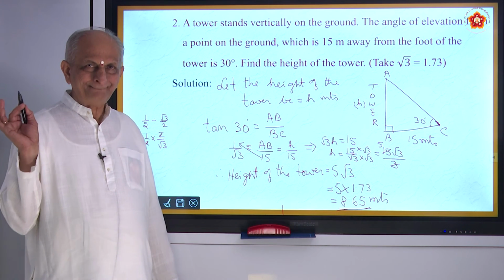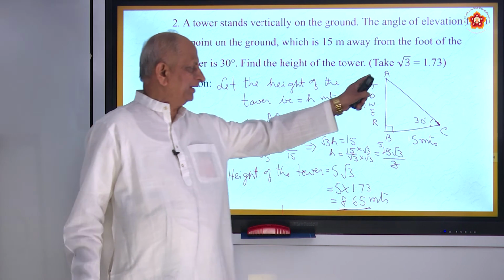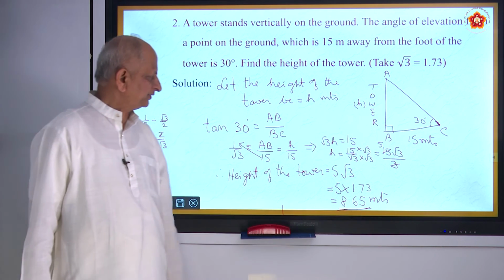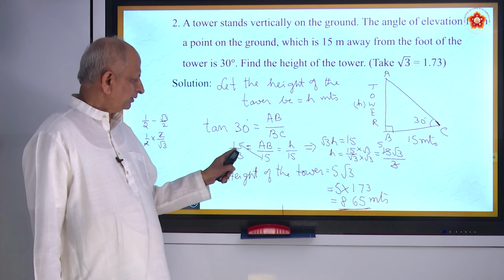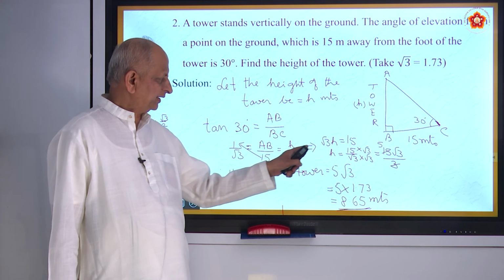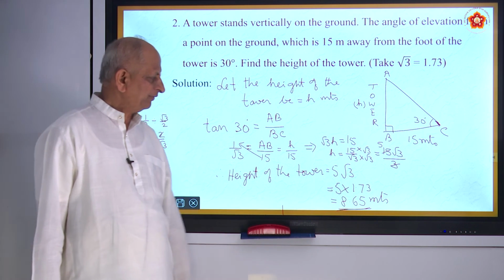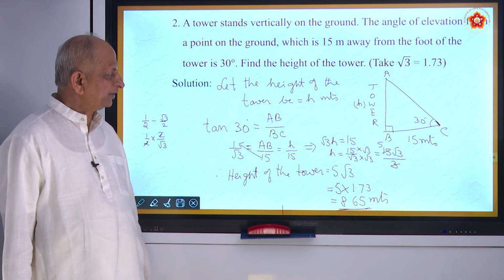Is it clear? We use the relation tan for 30 degrees. So tan 30 is 1 by root 3, and we get the value 8.65 meters.